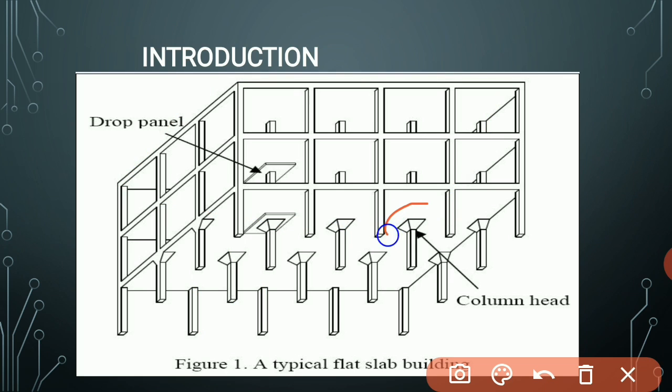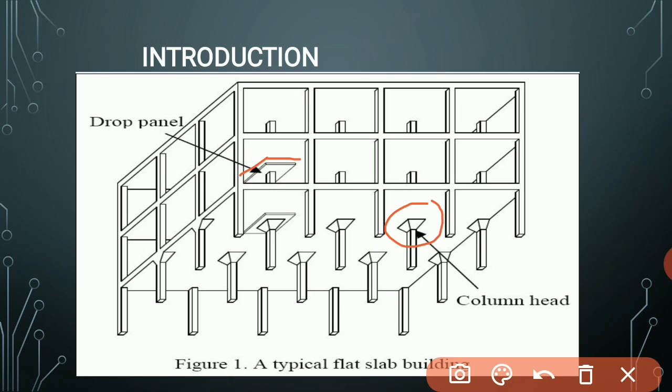This is the column head, and that column head has this type of square or rectangular type of head. So that is known as the panel. A part of the slab bounded on each of its four sides by the center line of columns is called a panel.